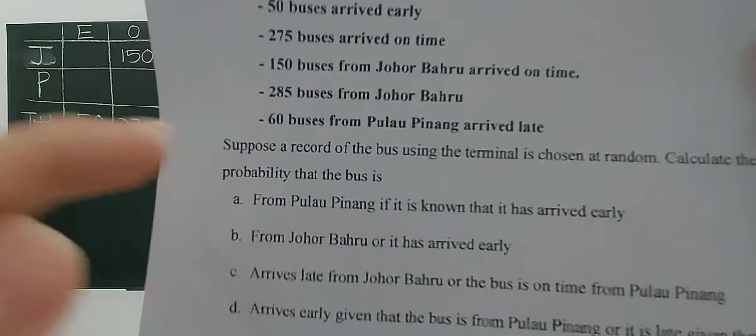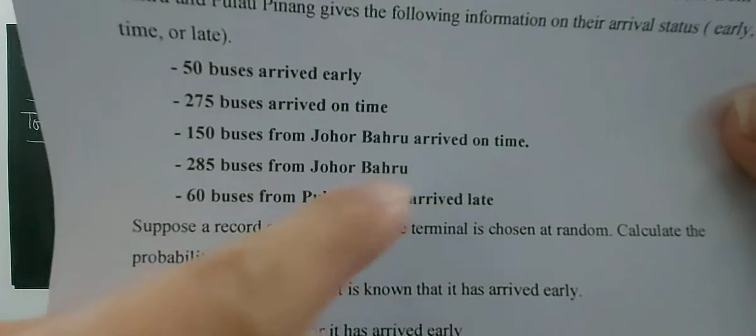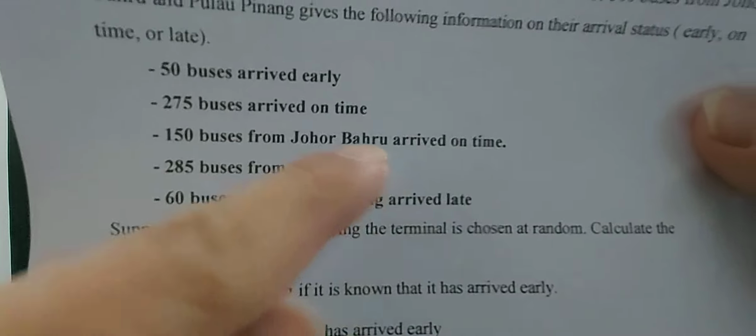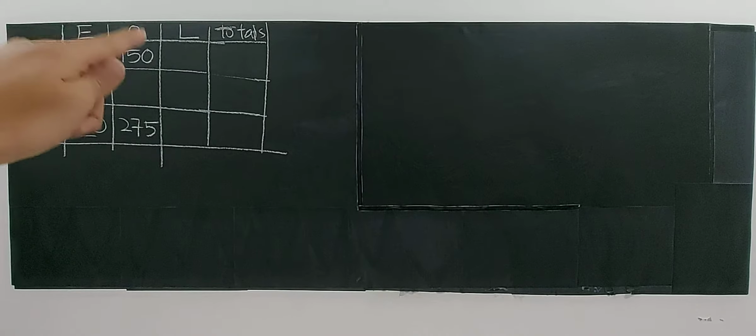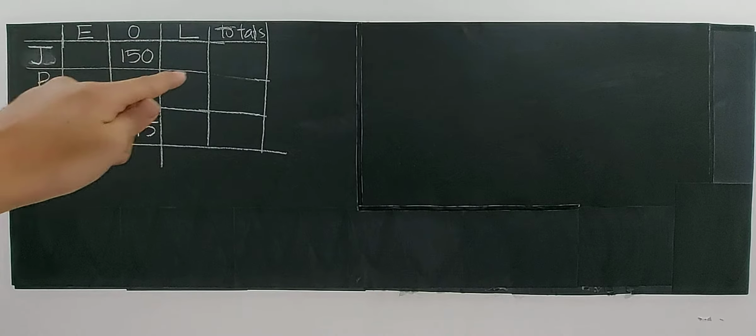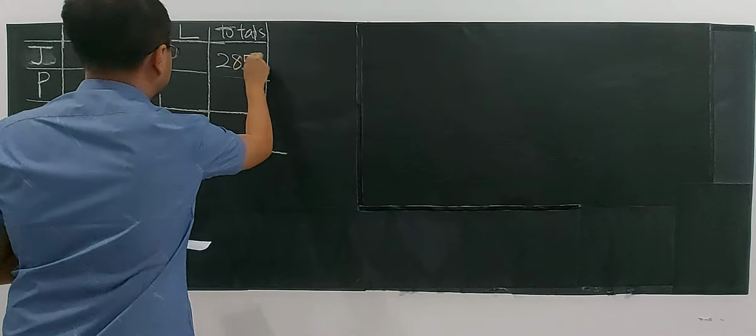Later on, 285 buses from Johor Bahru. The information given means that from Johor Bahru there are 285 buses. So the total here of early, on time and late all added up will be 285.